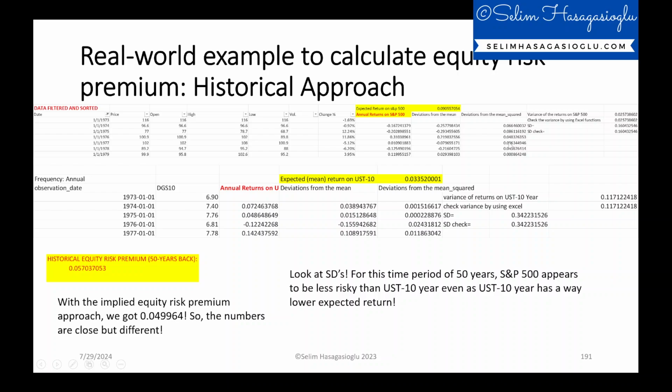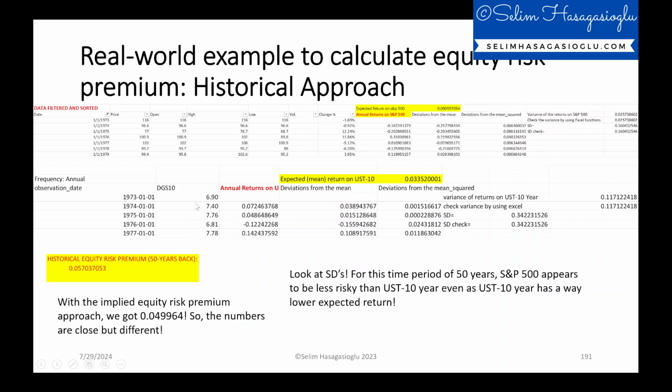Remember, we can sum them and divide by the number of observations minus 1 because we are following the sample formula, or you can just use quick Excel functions. VAR.S will just solve the variance problem, and this is also true for the standard deviation.